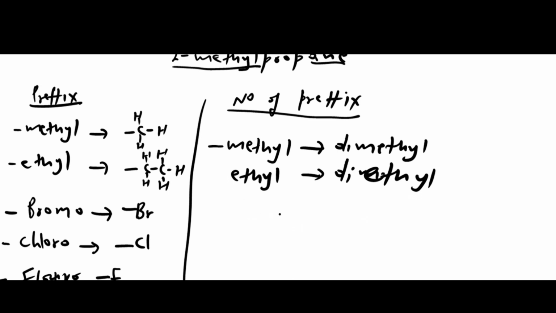We are going to have dibromo, and so on and so on, right? So that is the number of prefix. If there are 3, we are going to say tri, trimethyl, for example.